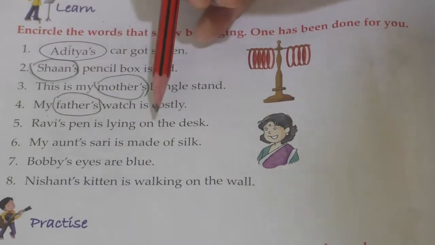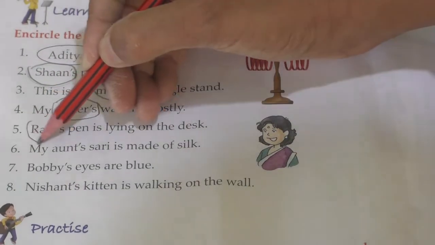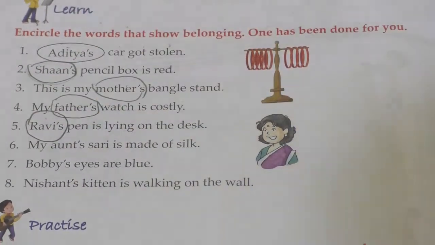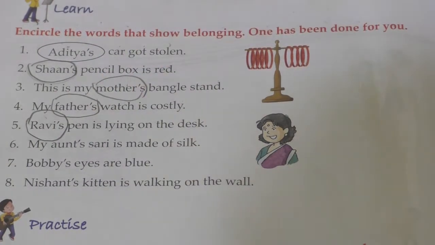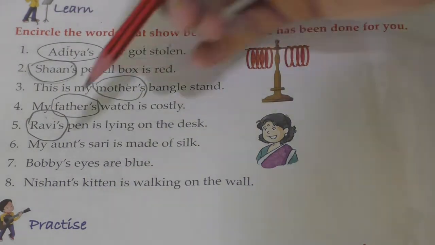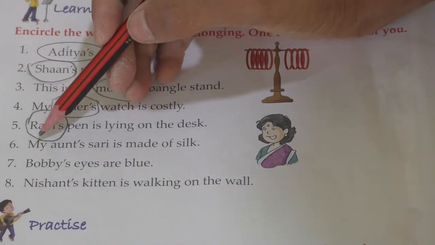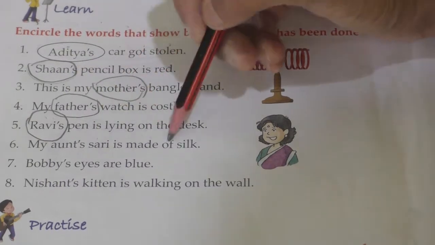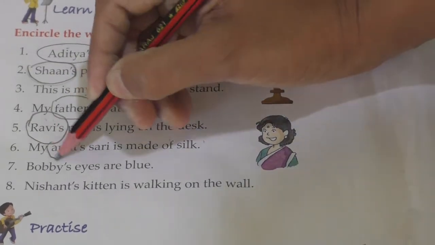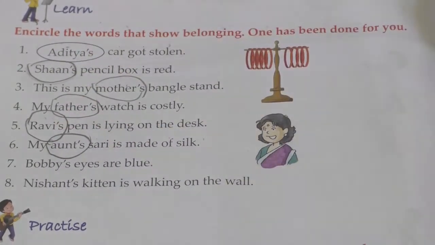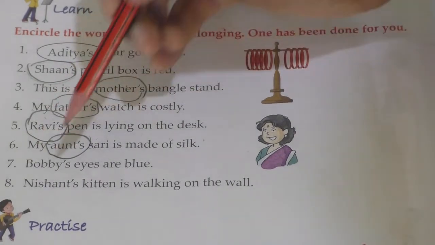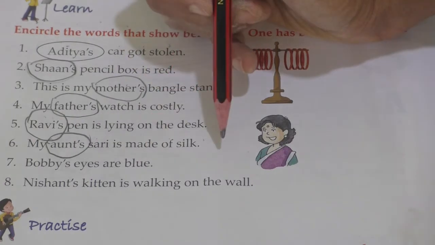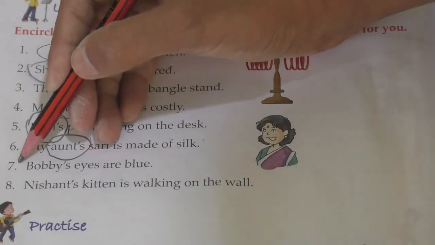Ravi's pen is lying on the desk. Ravi plus apostrophe S. The pen which is lying on the desk belongs to Ravi. Sixth one. My aunt's sari is made of silk. Aunt plus apostrophe S, aunt's sari. Bobby's eyes are blue. Whose eyes? Bobby's.